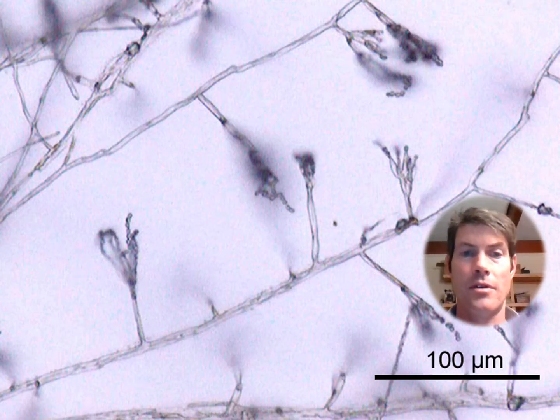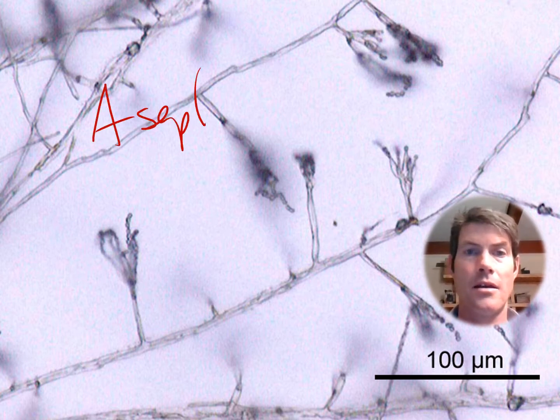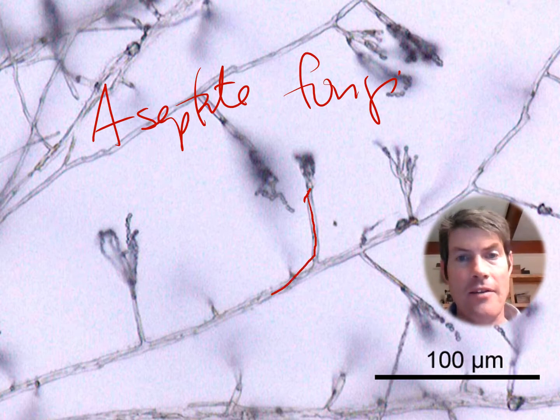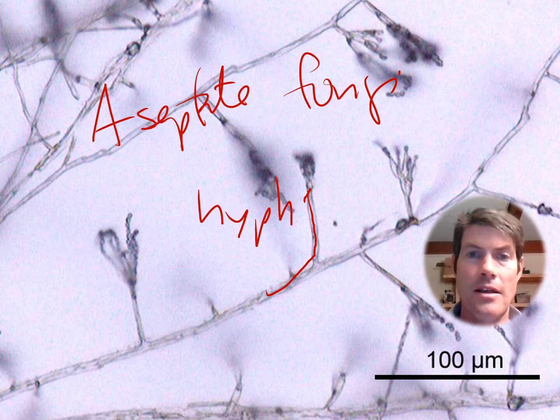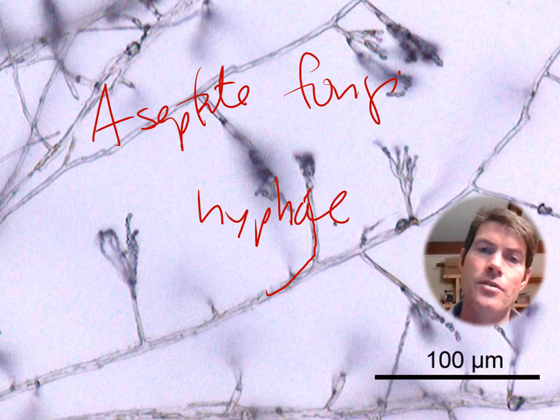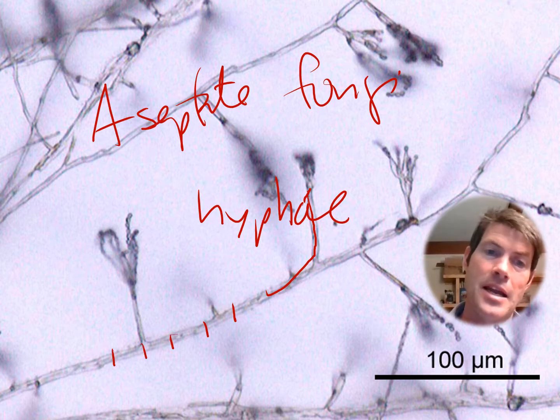And the last one I look at is aseptate fungi. Most fungi are made of hyphae. These are the hyphae that I mentioned earlier. They look like little roots, little branches. And usually most fungi have septa, or are septate.